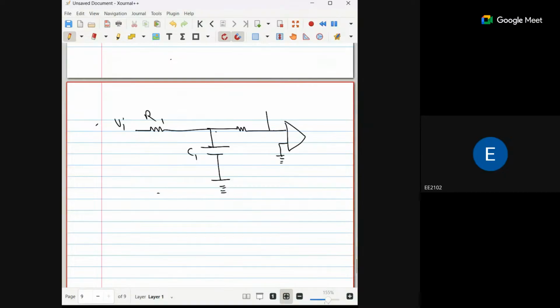Here is one C2, and here is that same, like we can take R1 and R2, let's take both as R.